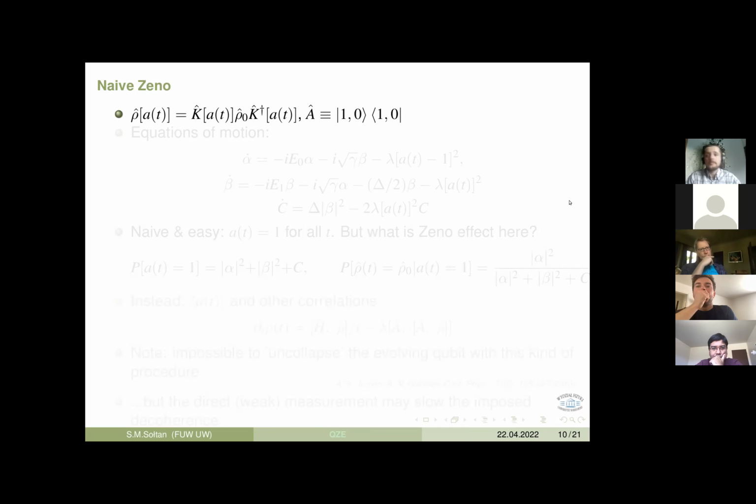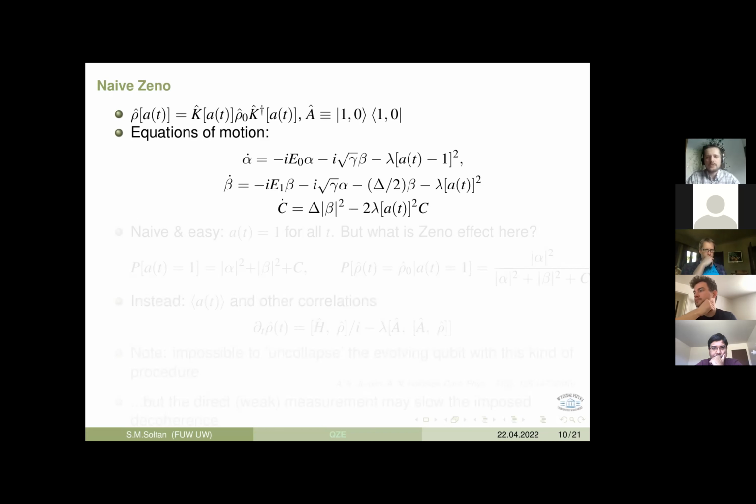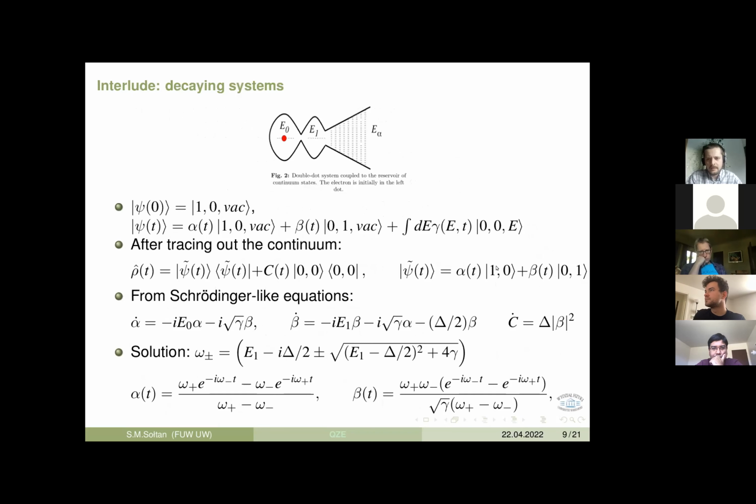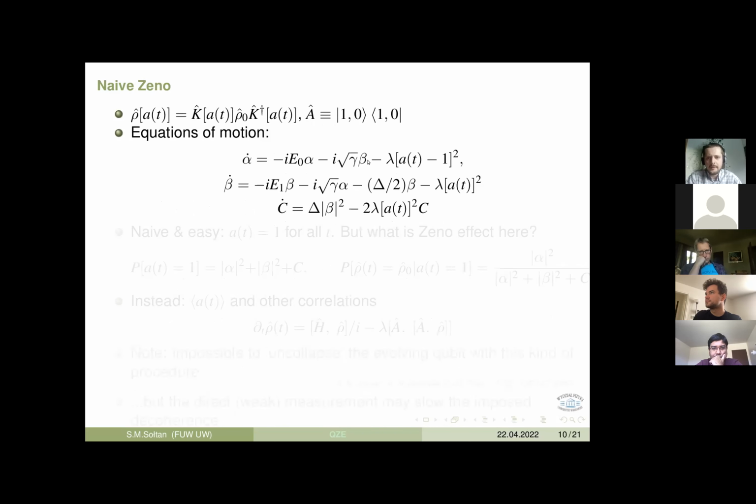We also could mathematically transform the system in such a manner as to have some continuum that could be easily traced out. We have very similar equations of motion for the analogous values as before, only that we have the terms that are connected with the result of the measurement.